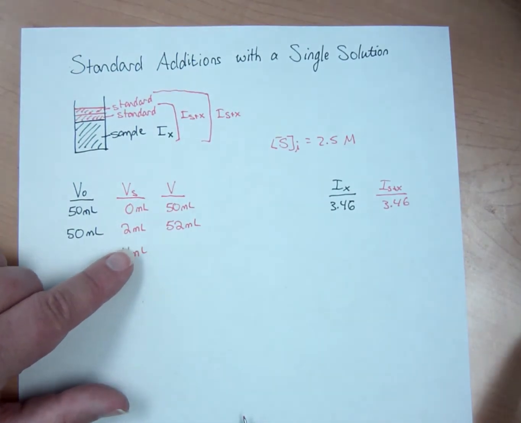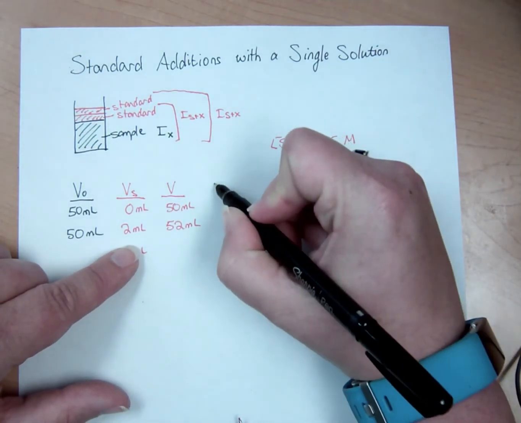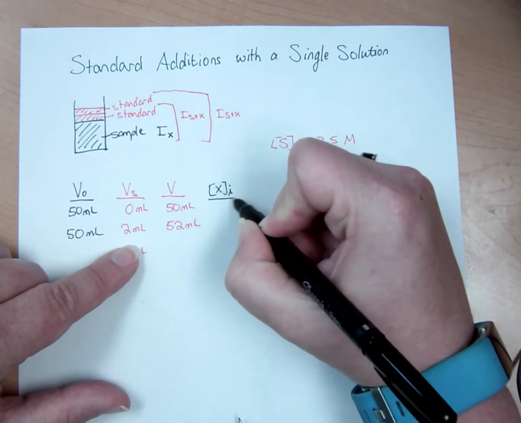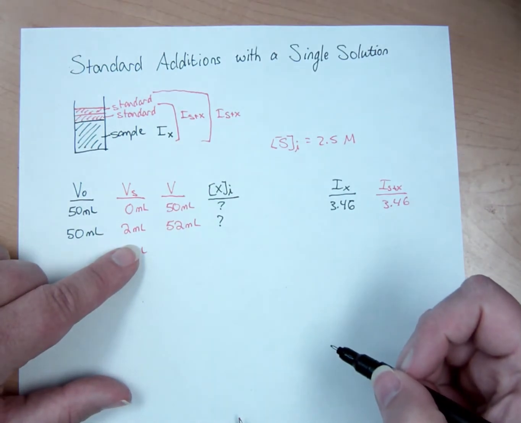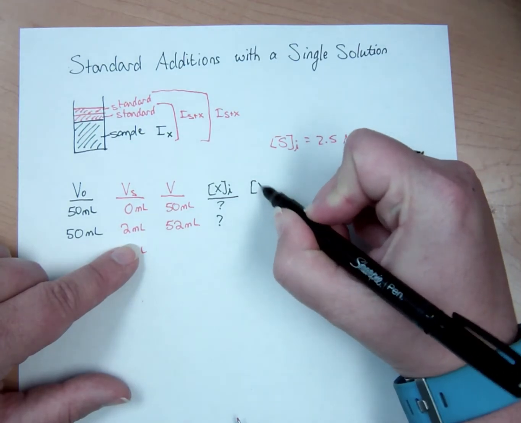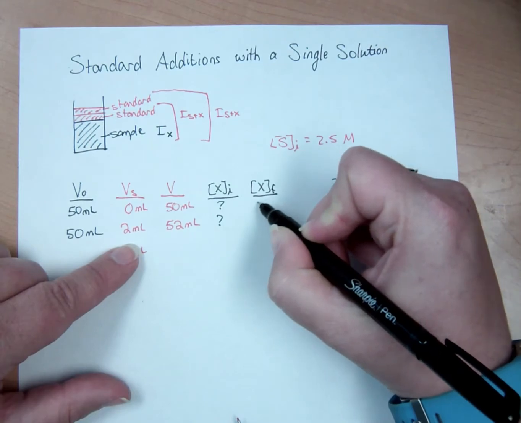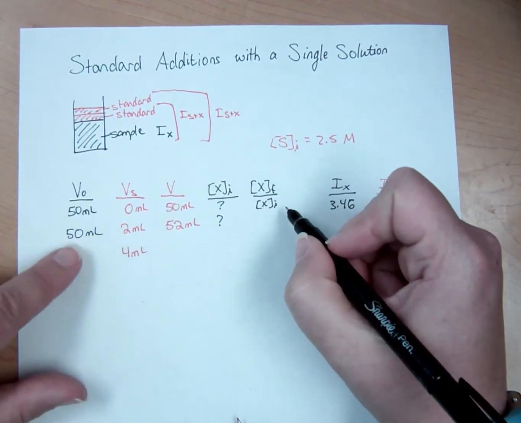Now in all these cases, what we want to know is what is the concentration of our sample initially, and we just don't know that. That's what we're trying to find out. But in the case where we have added some volume, we're actually changing our final concentration from the sample, right?